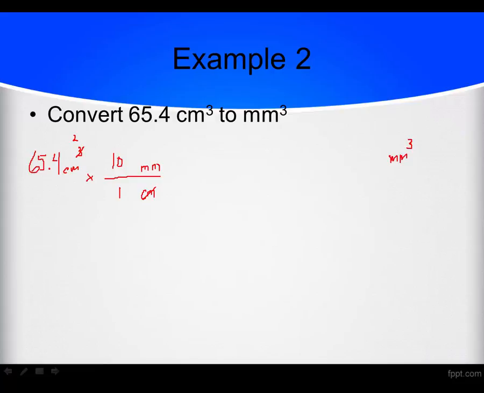What do I have to do? Do it another time, right? It helped out a little bit the first time, so it should help out a little bit the second time. Put 10 millimeters over 1 centimeter again. That centimeter should cancel exactly one of these squared centimeters.